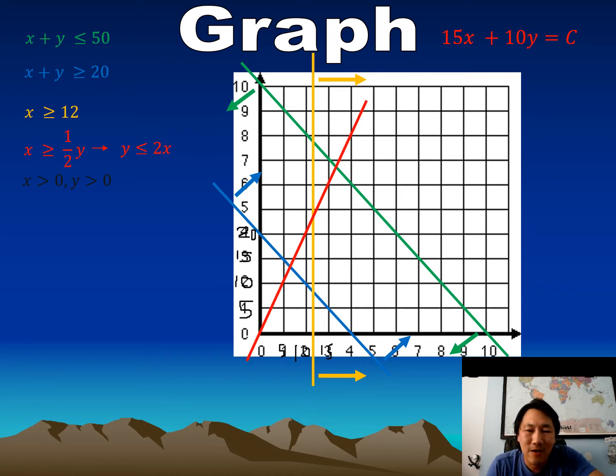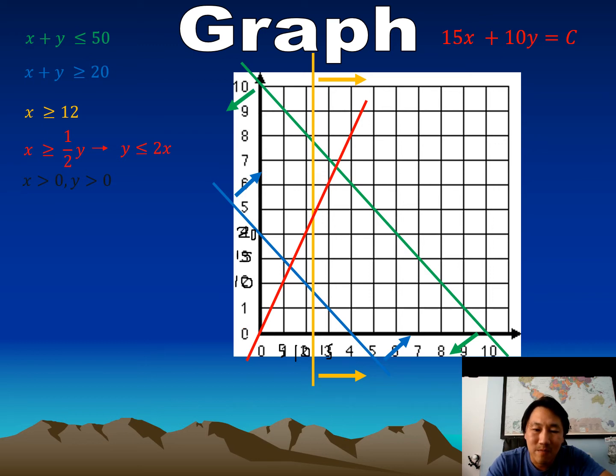That's what it looks like. All right, now we have to decide which side to shade. Here we cannot use 0, 0. 0, 0 in this case is right on our line, which means we cannot use it to test. So we have to use another point.